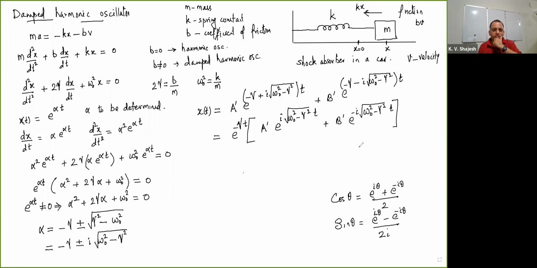And using that, I can replace the exponential in terms of cosines and sines. So exponential of i theta is equal to cosine theta plus i sine theta, and exponential of minus i theta is cosine of theta minus i sine theta, right?